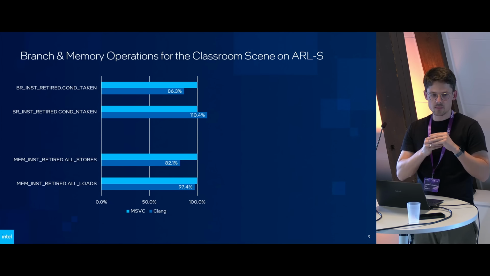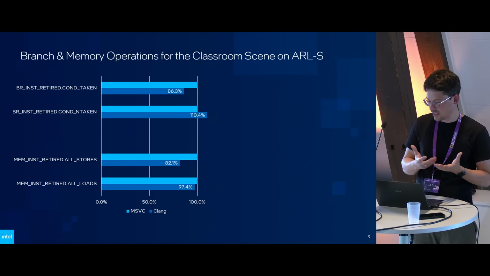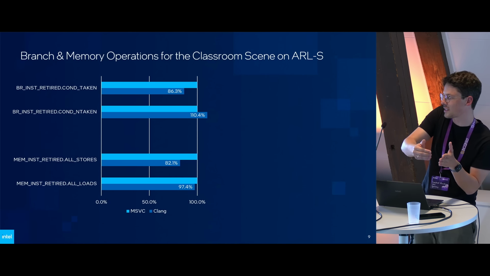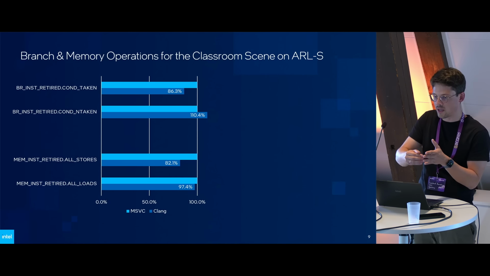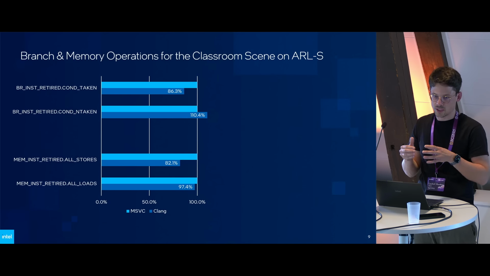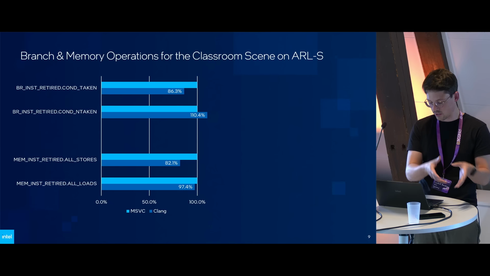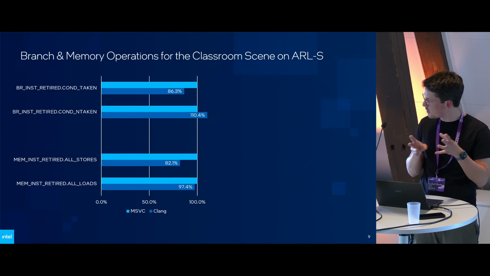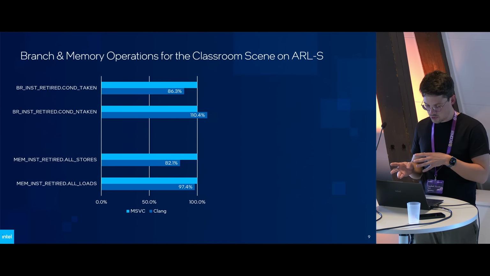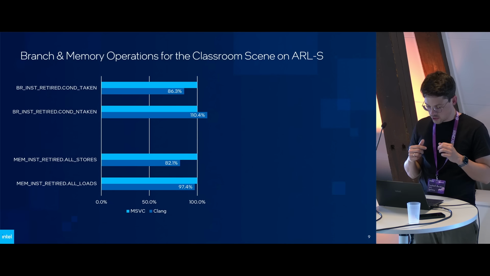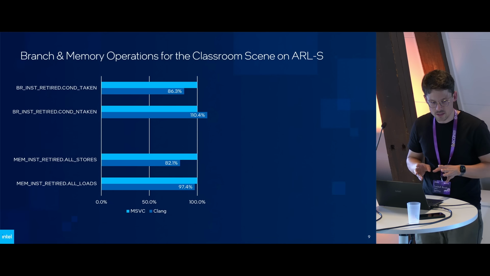Non-taken branches, because we just go to the next instruction, are usually way easier to execute on a CPU. For a taken branch, we have to find out what the target of the branch is. We have a lot of interaction with the branch prediction unit of the CPU. So a non-taken branch is, on average, cheaper to execute.